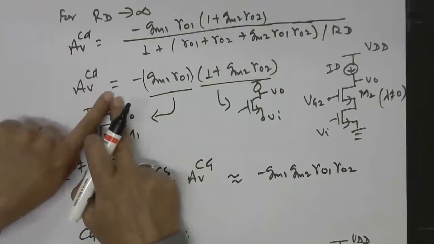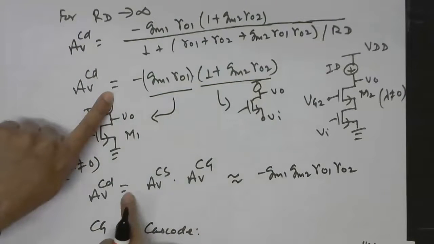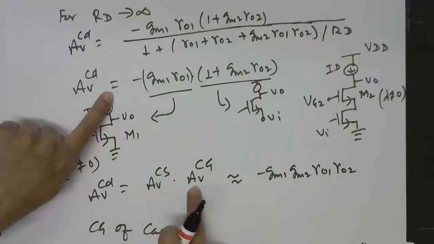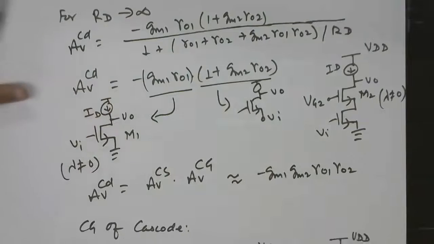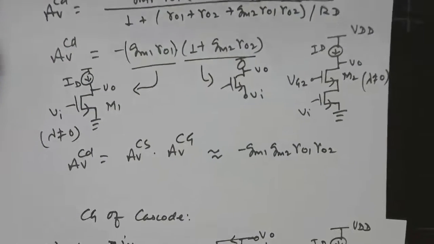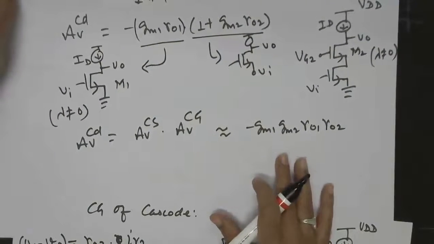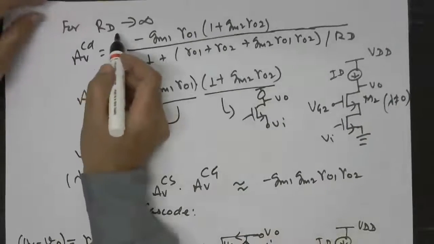But here keep in mind that this relation is exact. This one is exact in terms of CS and CG. This is where approximation comes when we drop the 1.